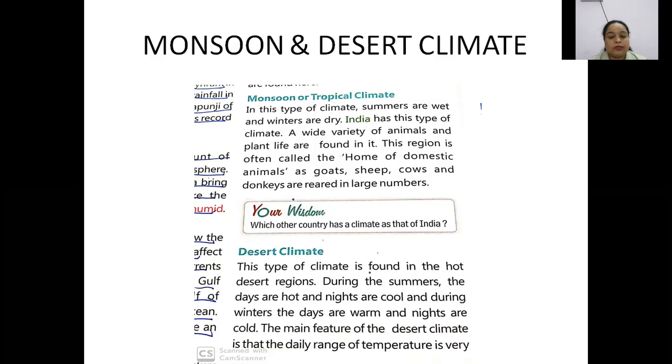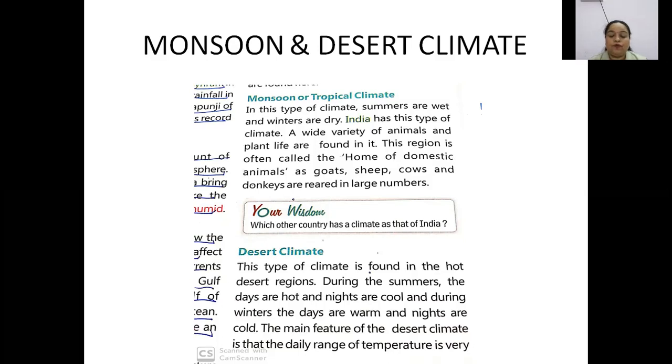During the summers, the days are hot and nights are cool. In the summers, the days are very hot because of the heat of the sun. But when the sun goes down, the sand loses the heat very fast, so it becomes cold during the night. During the winters, the days are warm and nights are cold.